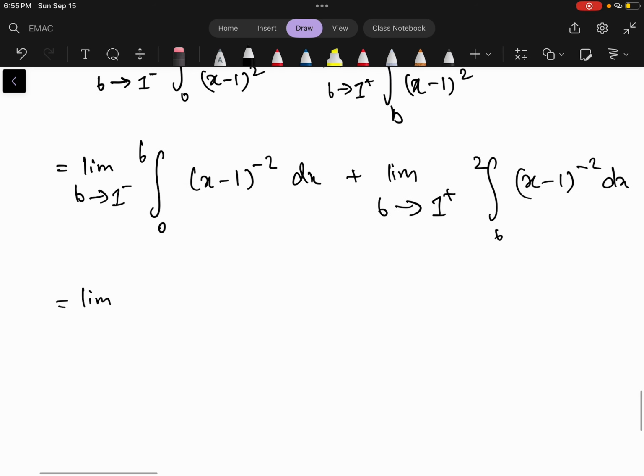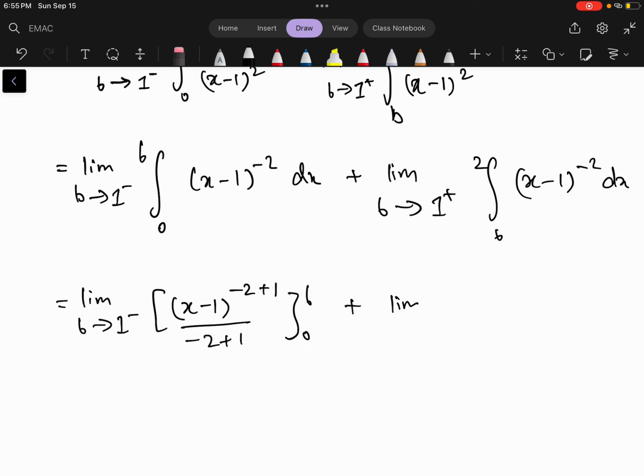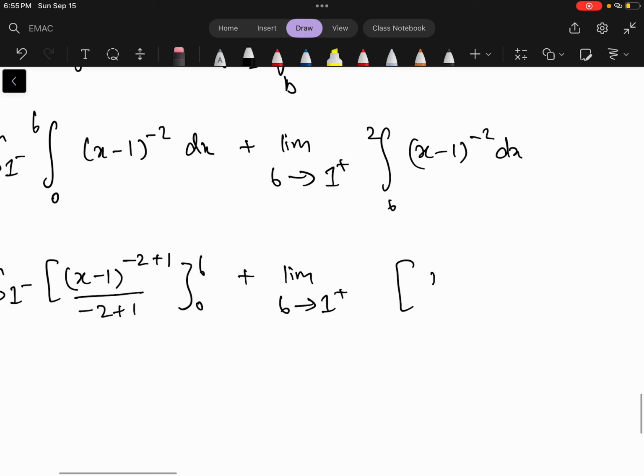So this is the limit as b approaches 1 minus, and the integral of this is just x minus 1 raised to minus 2 plus 1 over minus 2 plus 1, evaluated of course from 0 to b. The limit as b approaches 1 plus is the same thing, x minus 1 raised to minus 2 plus 1 over minus 2 plus 1, from b to 2.